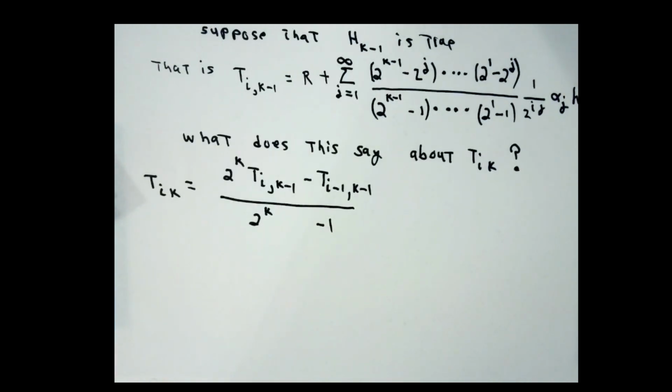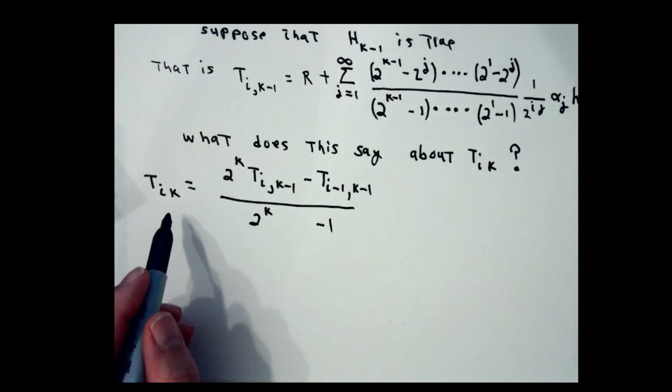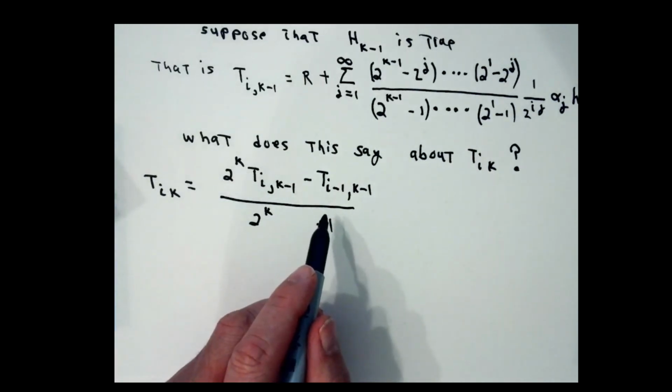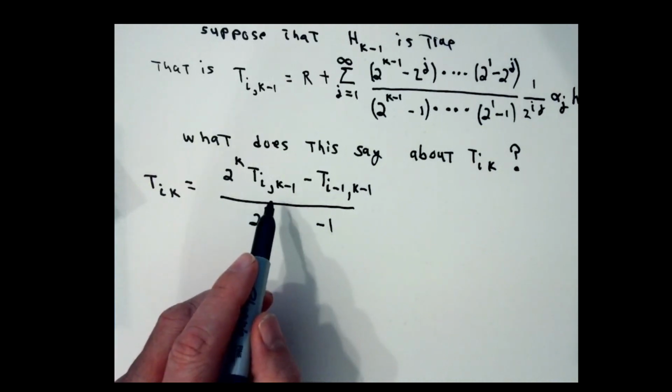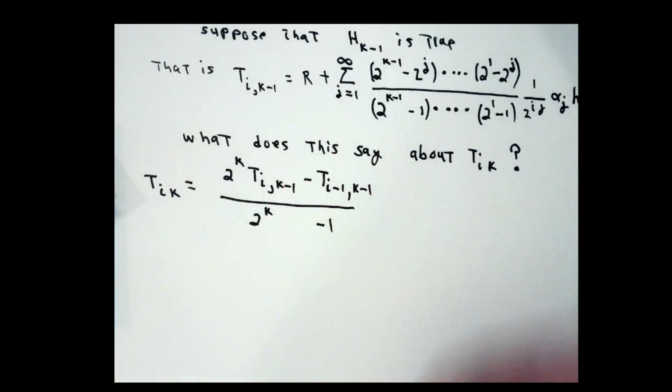Using Richardson's algorithm, T_ik will be computed in this manner. T_i,k-1 will be given by this formula.